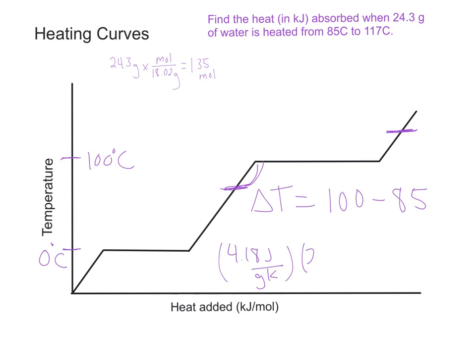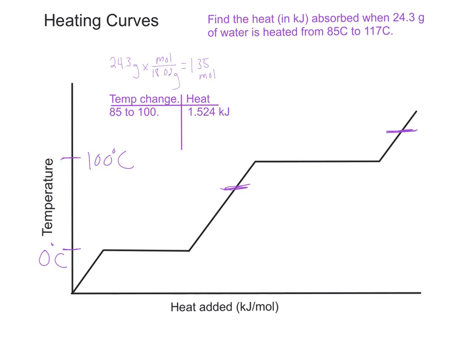And the mass is 24.3 grams, and our delta T is 15 degrees Celsius, okay? So if you multiply these all together, we end up getting 1,524 joules. Or another way to say that is 1.524 kilojoules.